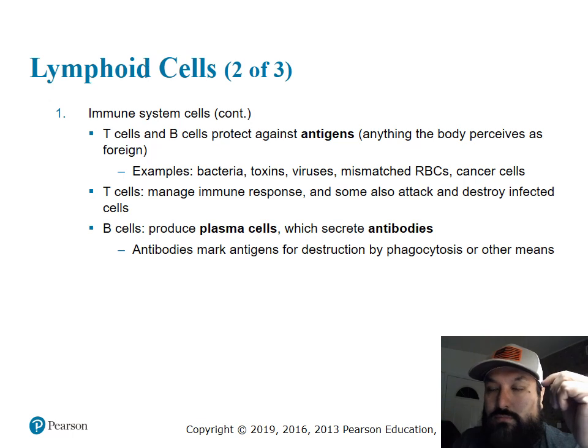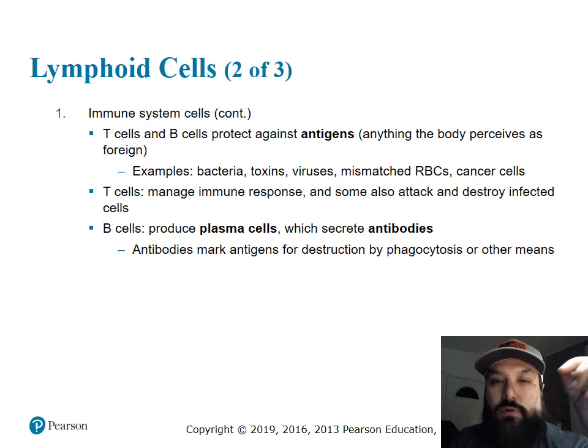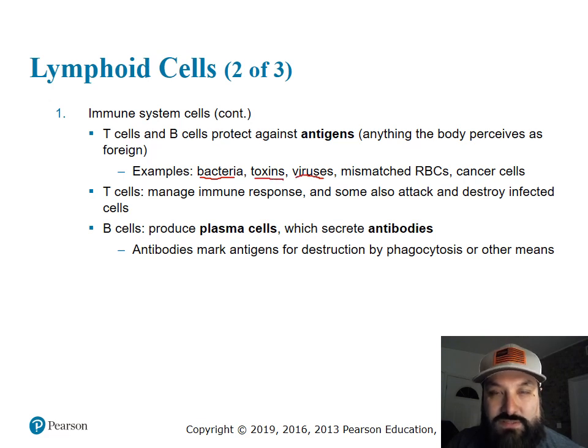Now, what can be described, if you will, as an antigen? Well, in the examples here, they talk about bacteria being one of them, viruses being another one, but also toxins, any form of toxin that the body perceives as foreign and can harm us.